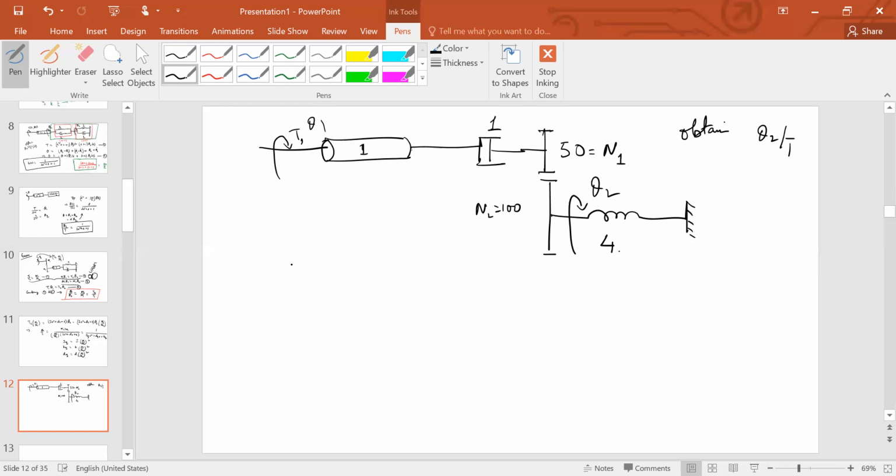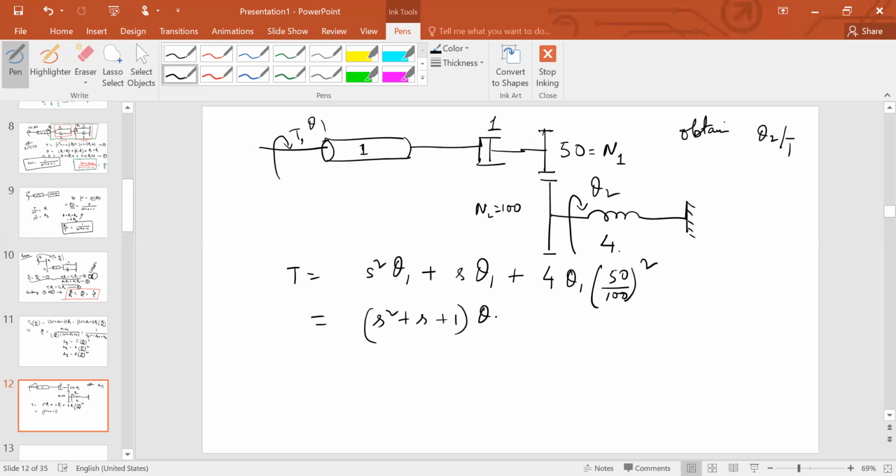So if we reflect this on the other side, we might as well write this equation as s squared times theta 1 plus s times theta 1 plus, when you're reflecting, what is the ratio that needs to be kept in mind? 4 times theta 1, and the ratio is going to be 50 over 100 squared, right? So this is going to give you s squared plus s plus 1 times theta 1 of s. That's what T of s is balanced by.